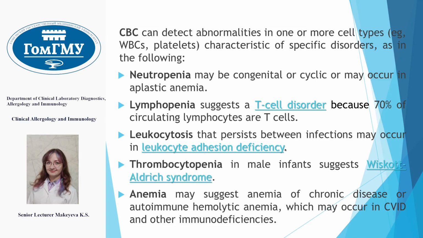Leukocytosis that persists between infections may occur in leukocyte adhesion deficiency. Thrombocytopenia in male infants suggests Wiskott-Aldrich syndrome. And anemia may suggest anemia of chronic disease or autoimmune hemolytic anemia, which may occur in common variable immunodeficiency and other immunodeficiencies.